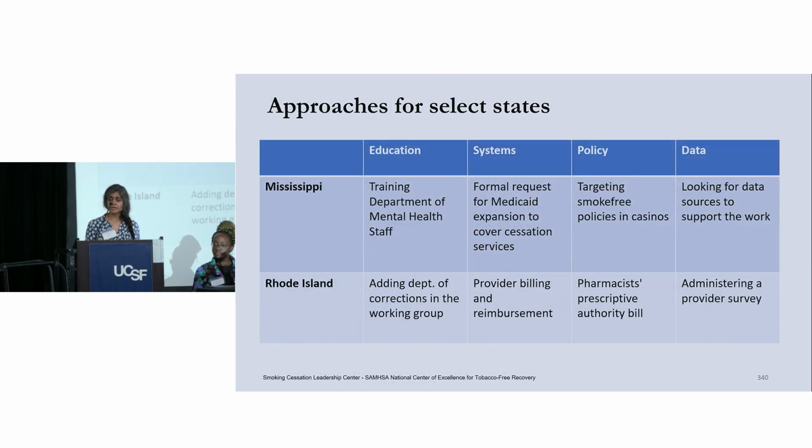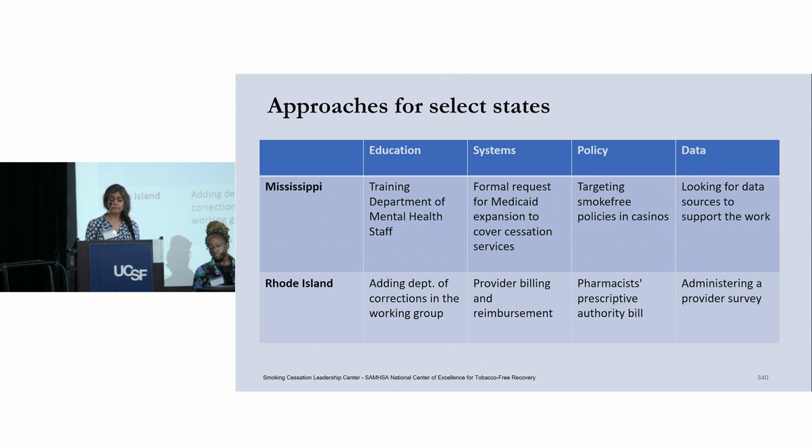So what are some of the approaches? For example, Mississippi for education really focused on training the Department of Mental Health staff on integrating tobacco use within their workflows. For systems level, they made a formal request for Medicaid expansion to cover cessation services. For policy, they targeted smoke-free policies in casinos, and for data, they looked for different data sources to support their work.